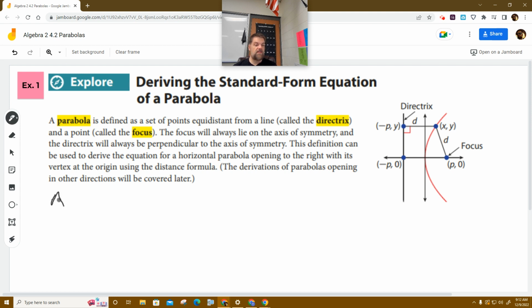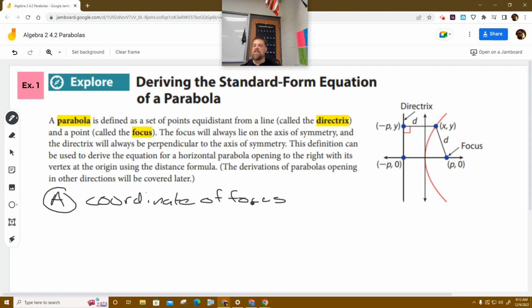So part A of deriving the formula, we have to know the coordinates of the focus. Now, the focus is like the center. It's not really the center because the center would imply that it's equidistant from all the points.